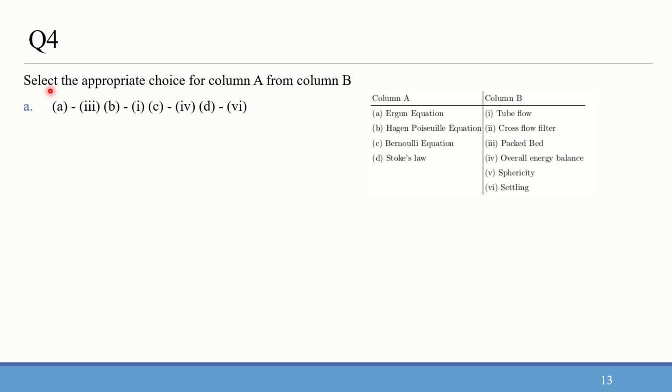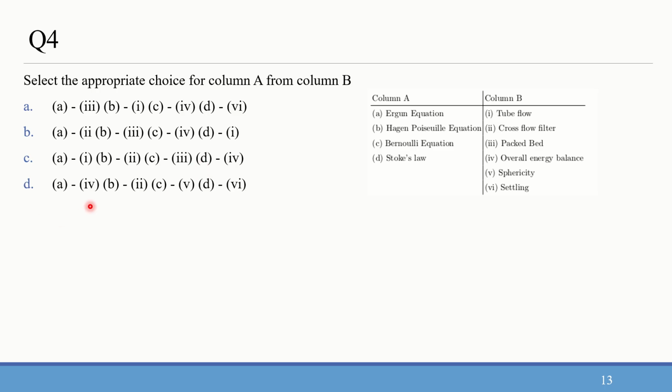So option A, it is A3, B1, C4, D6. And option B, it is A2, B3, C4 and D1. Option C, it is A1, B2, C3 and D4. Option D, it is A4, B2, C5 and D6.